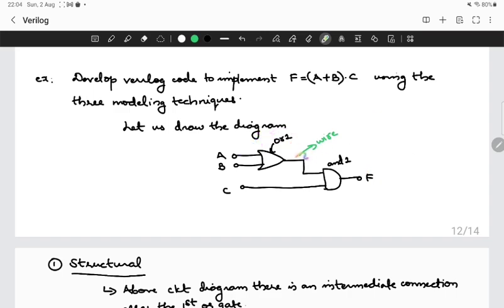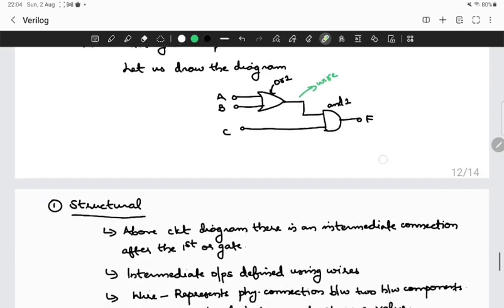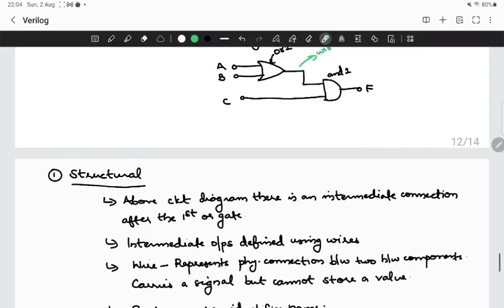This intermediate output will be represented using a keyword which is called a wire. A wire represents an intermediate output, and we could give the name like x1 equals A or B. This intermediate output x1 should be defined as a wire. Let us see the structural modeling technique for the above circuit diagram.